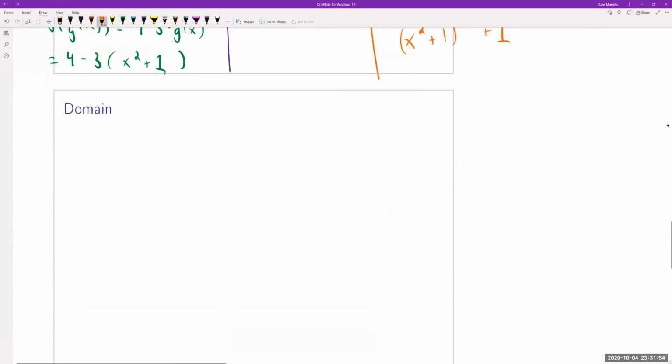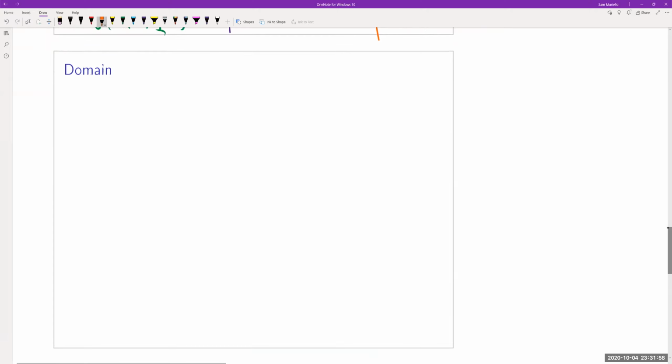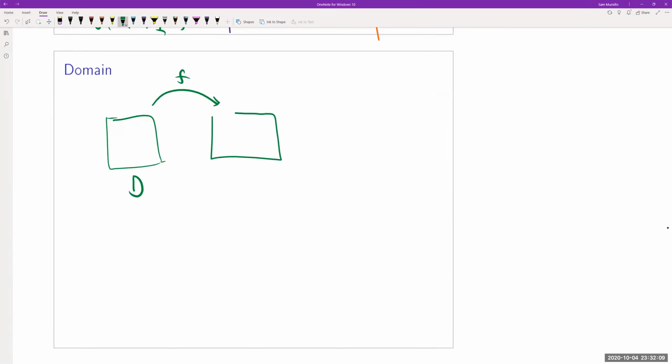Now, the idea for domain when I'm talking about a composite function: if I'm just thinking about a single function, then I have a domain and a range. But when I add in a new function, the input of g has a rule too.